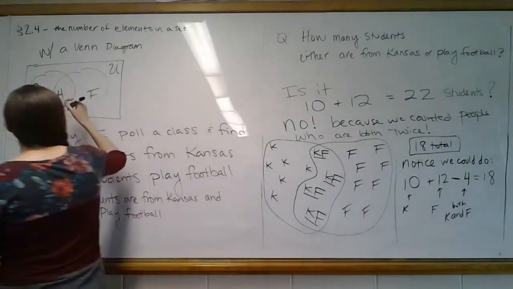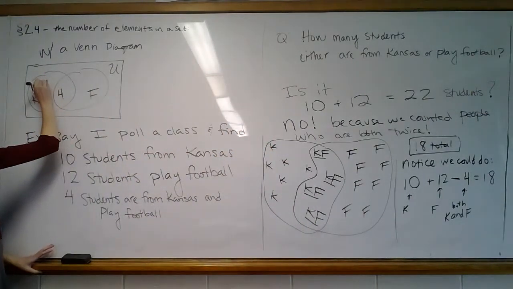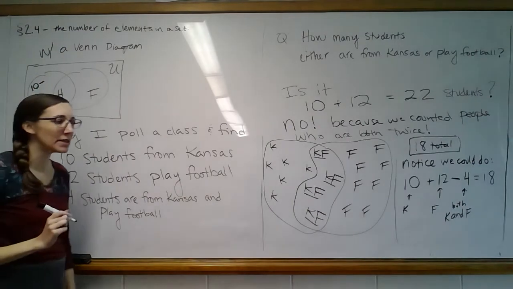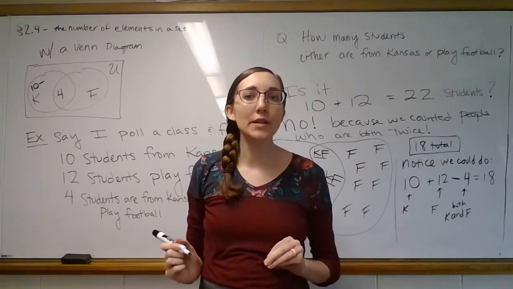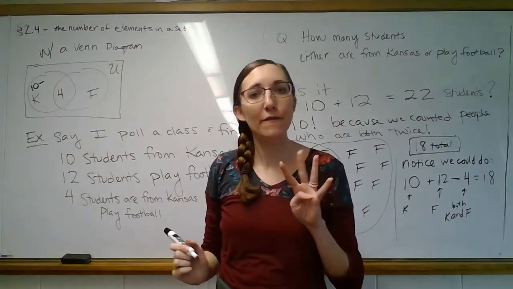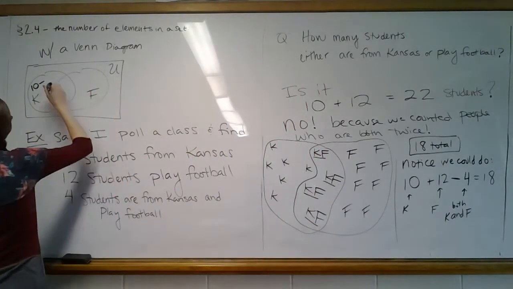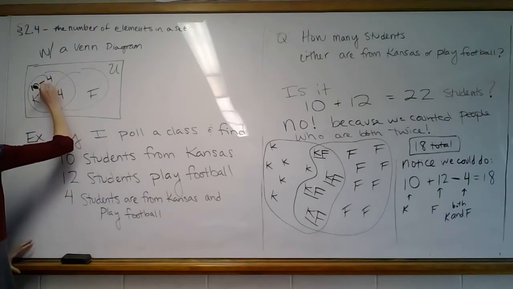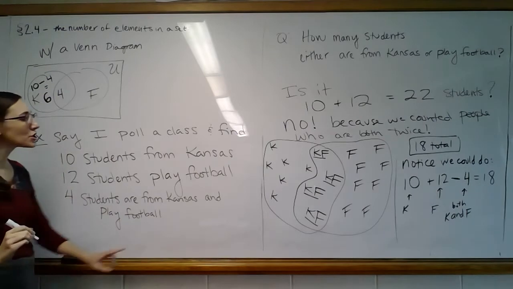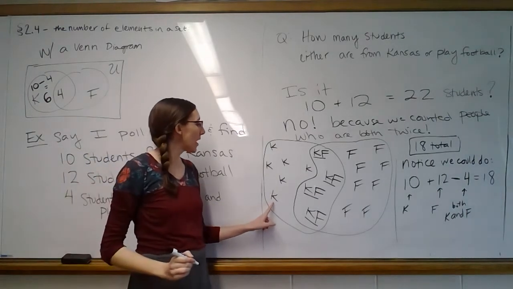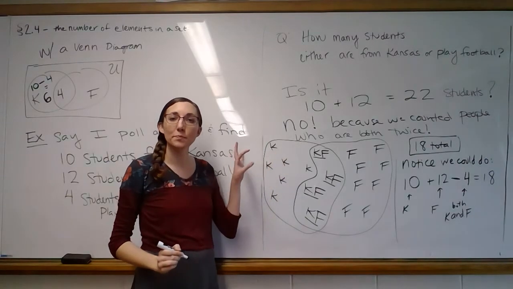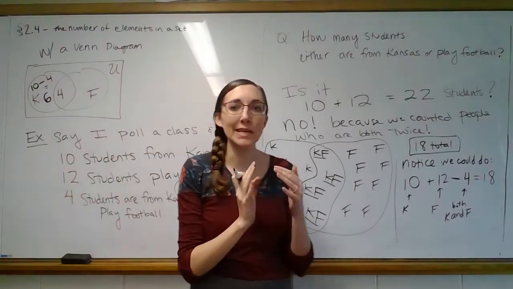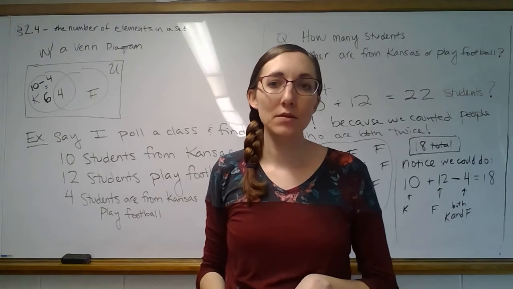So what actually happens is I've already counted a portion of the people in the circle. From the total of 10, I've already counted 4 of them. So how many are left? Well, there's 6 left, which is exactly what we see here, right? We've got 1, 2, 3, 4, 5, 6 of them that are Kansas only, not football.